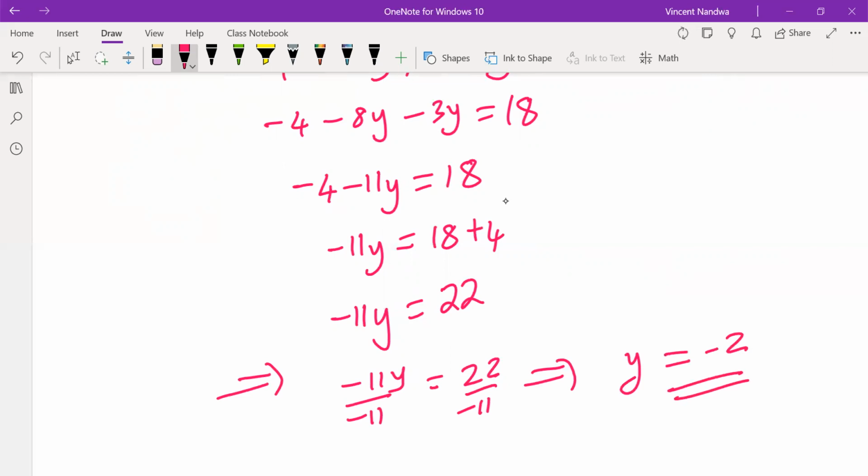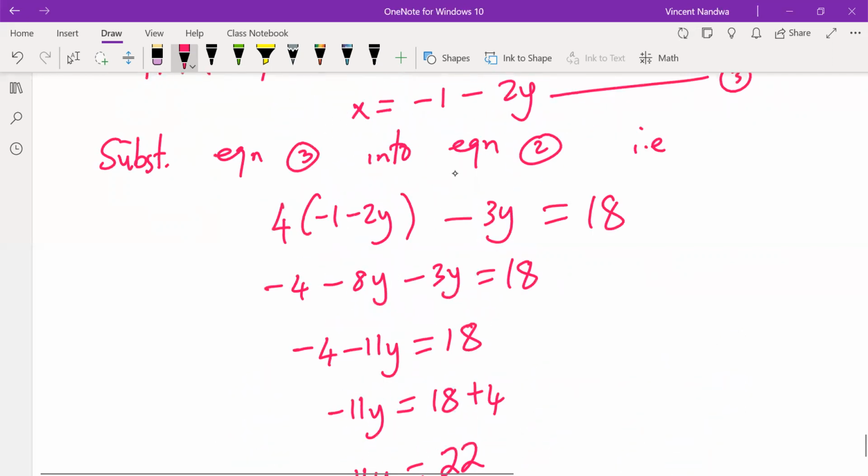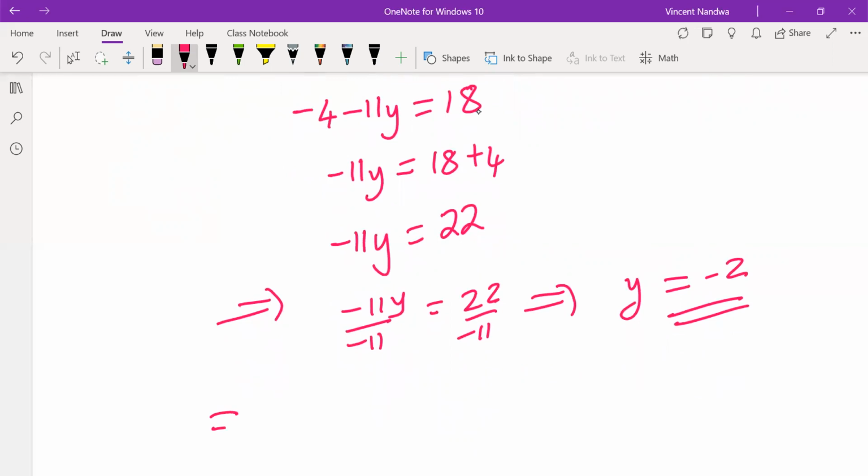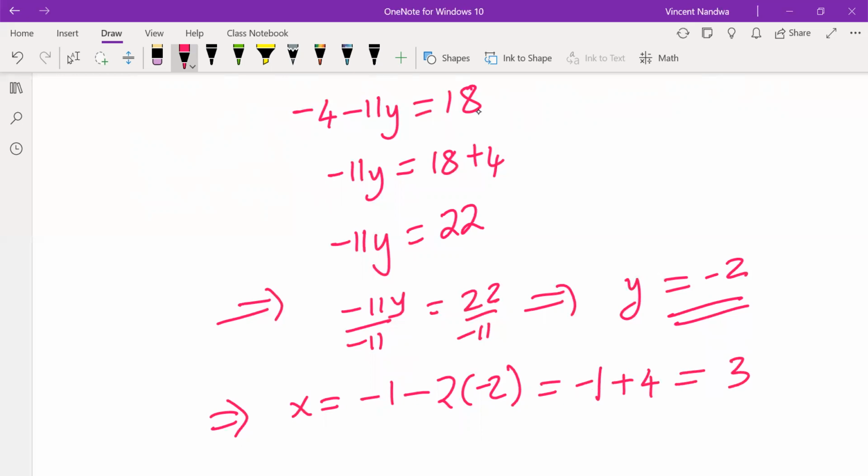Now, once you get the value of y equals -2, you can always get x from equation 3, which means x will be -1 minus 2, but in place of y you put -2, which will be -1 plus 4. This gives you 3.